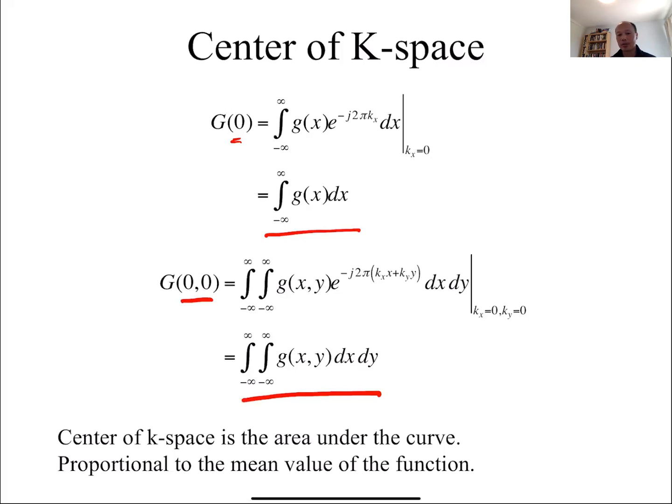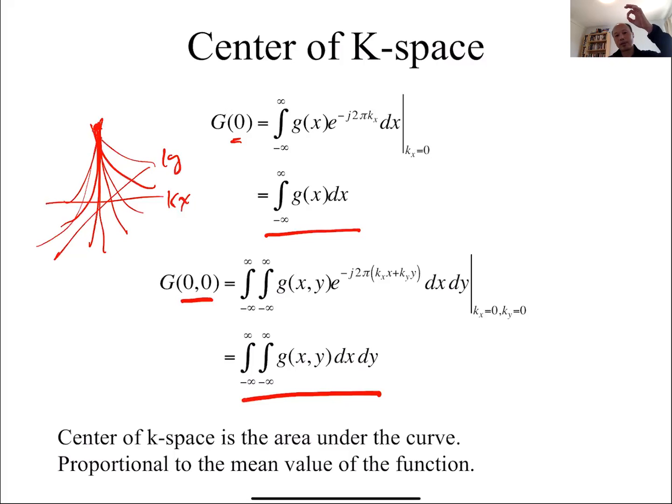Okay, and since most objects have a mean area under the curve, typically when you look at K-space, if we're looking at say kx, ky, the center of K-space is very big, and then things fall off as you move away, because most of the energy of the signal is near the center of K-space for most of the objects that we'll be looking at, not all of them.